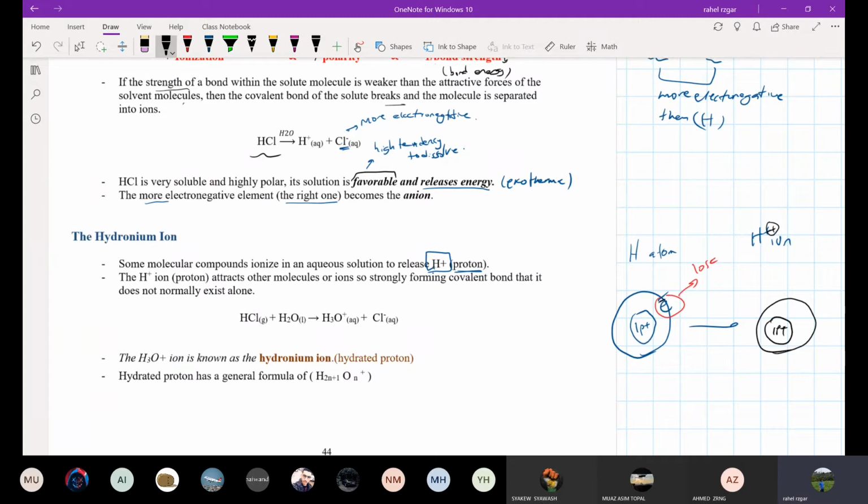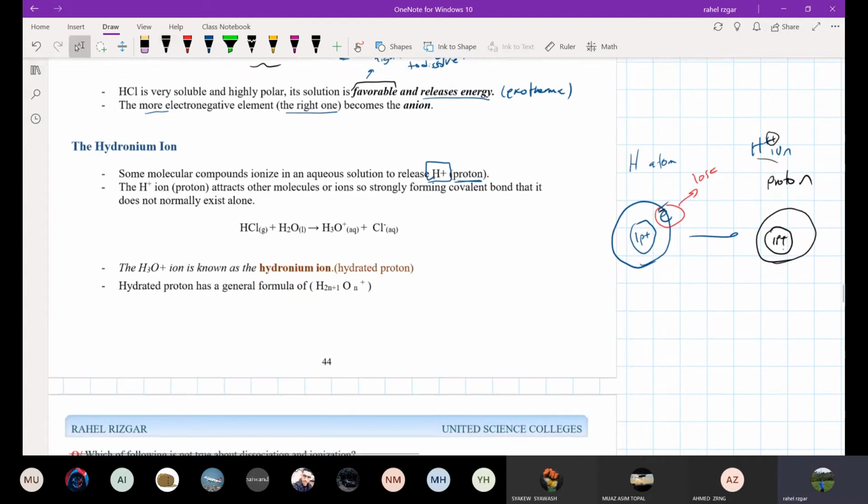Since hydrogen here loses its electron, it becomes H positive. What is left? Only a proton is left. This is true only for hydrogen. There isn't any other element with one proton. When the electron is lost, only the proton is left, nothing else. There isn't any electron, there aren't even neutrons. That's why this hydrogen ion, we can also call it a proton, because it's only one proton.